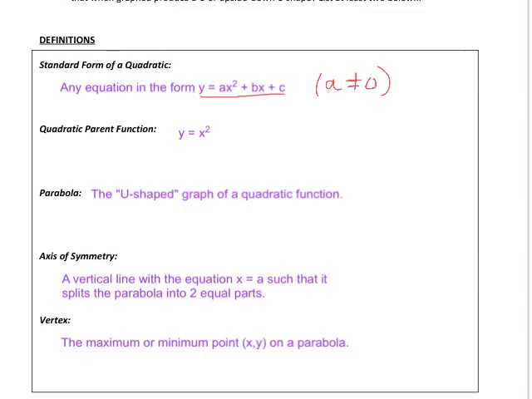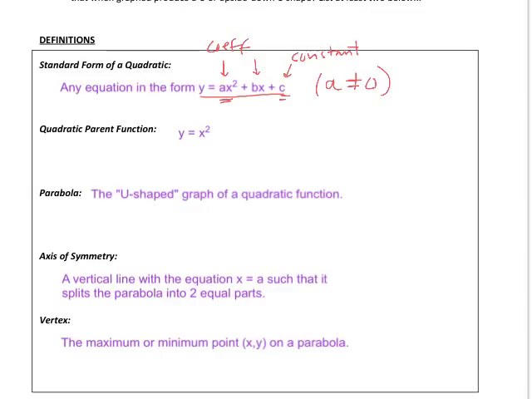If a equals 0, then the first term there would be canceled because a times x squared would end up being 0, and then it would no longer be a quadratic. There wouldn't be a squared term. So we can't have a equals 0. Remember, a here is the coefficient in front of the x squared, b is a coefficient, and c is a constant. It does not have a variable with it. So a and b are both coefficients, and the constant term c is going to be added to it.